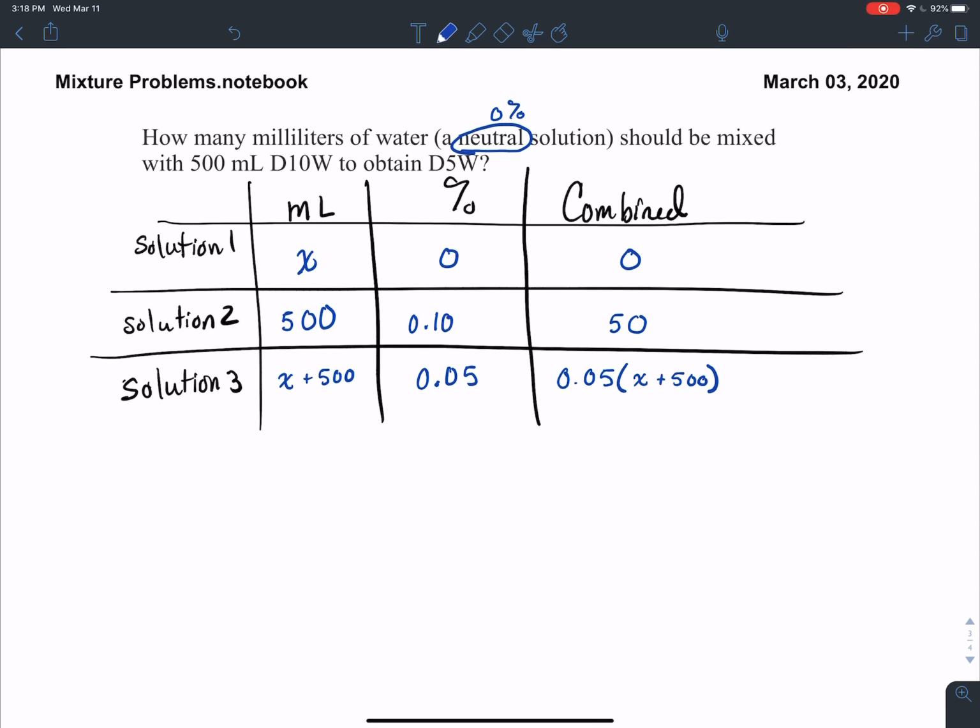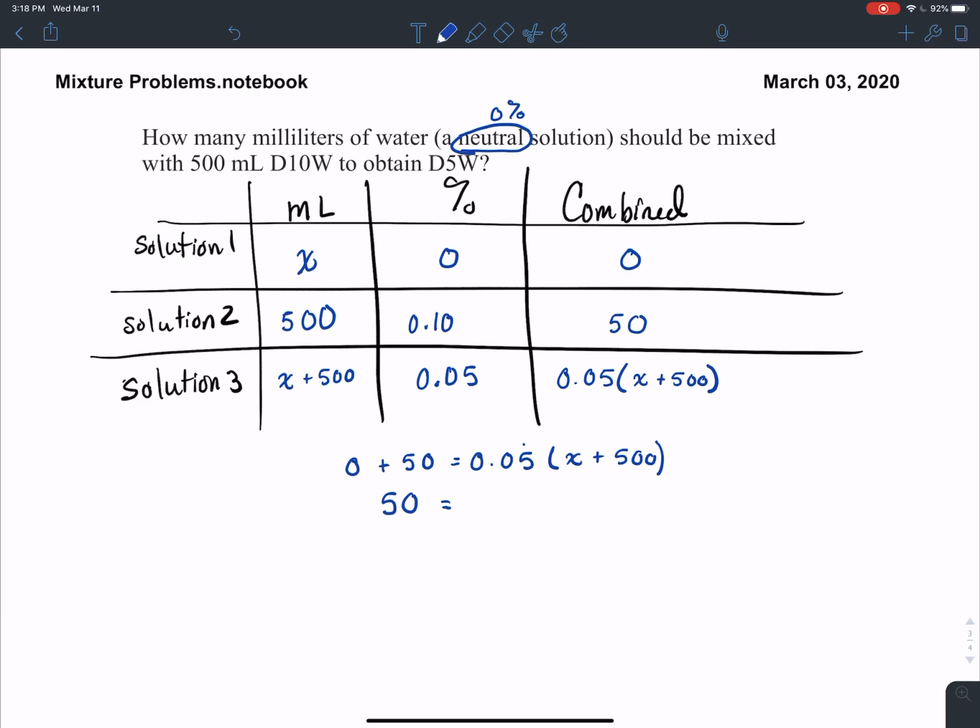To set up my equation, I do 0 plus 50, the solution 1, plus solution 2, equals solution 3. So my 0.05 times x plus 500. On my left-hand side, I know 0 plus 50 is just 50.